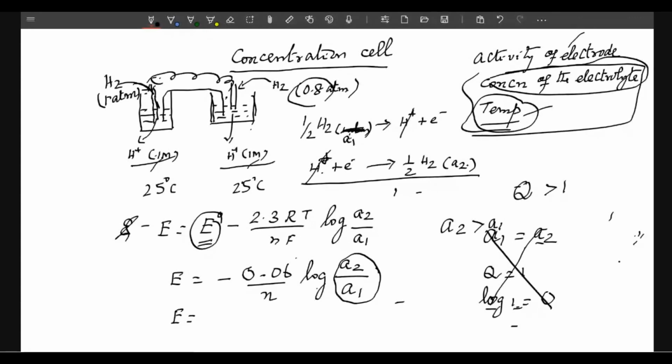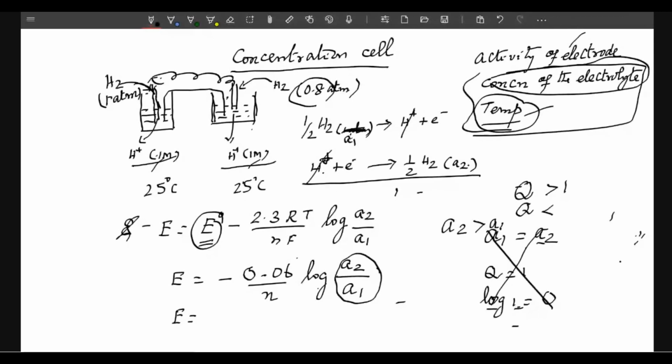Then when will electricity be produced? When the quotient value is less than 1. For the quotient value to be less than 1, the activity A1 should be greater than A2. Then A2 is less, A1 is higher, and it becomes a fraction. The logarithm of a fraction is negative.